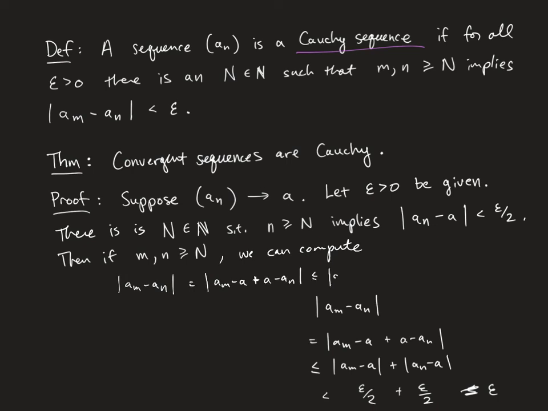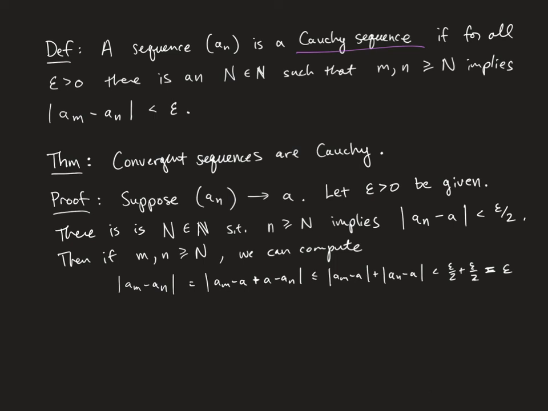That's less than or equal to the absolute value of a_m minus A plus the absolute value of a_n minus A. That's less than epsilon over 2 plus epsilon over 2, which is equal to epsilon. Okay, so that is the proof that our convergent sequence is Cauchy.